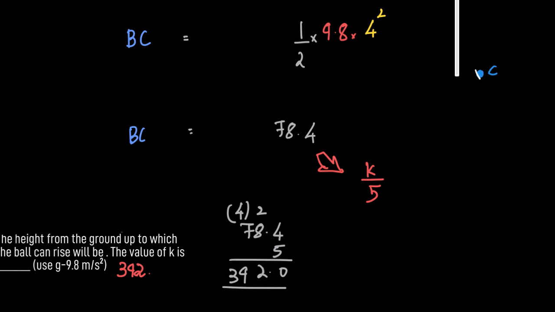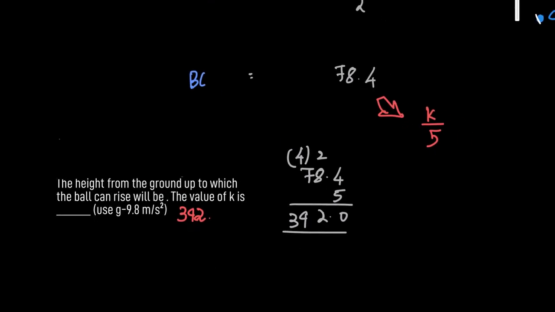So BC is equal to 78.4. I don't think I have the proper question here. Well, according to the question, 78.4 equals K by 5. And K is equal to 78.4 into 5, which is 392.0. Therefore, the value of K is 392. Okay, so this is what we have in this question.